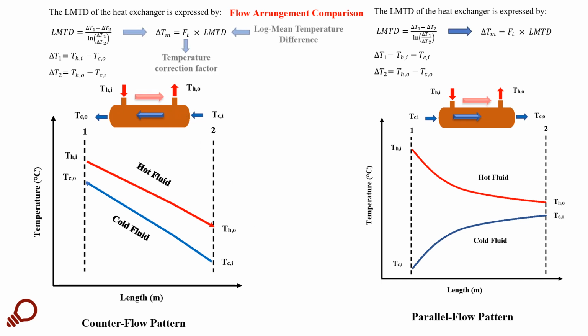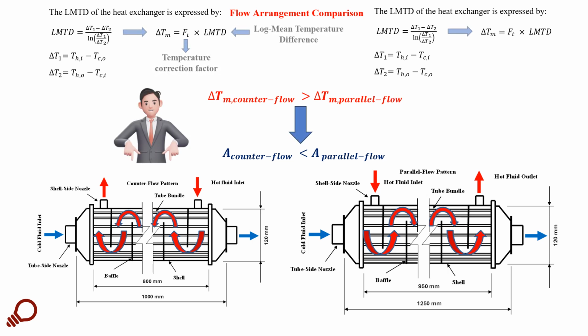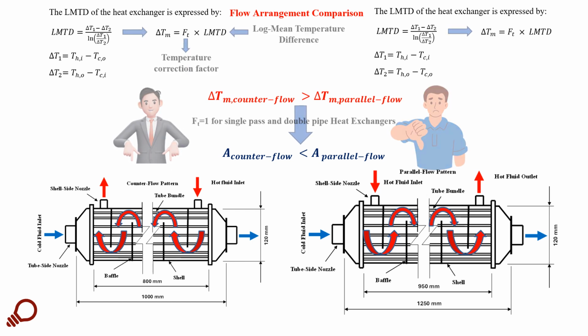If we take an example with typical values, we have found that the mean temperature difference for the counterflow is greater than for the parallel flow, and hence we need a lower area for the heat exchanger for the counterflow when compared to the parallel flow.